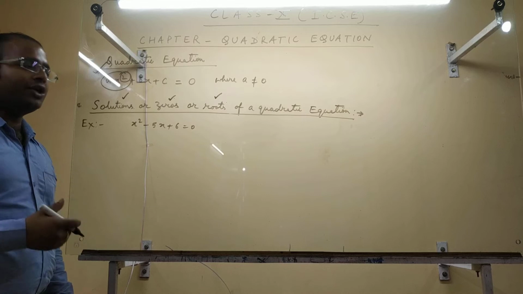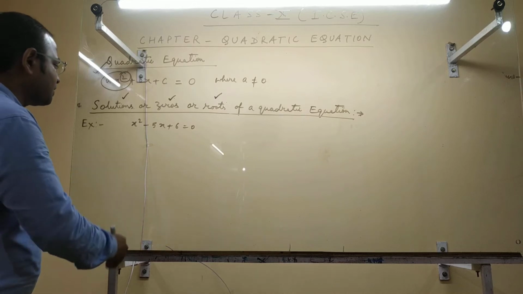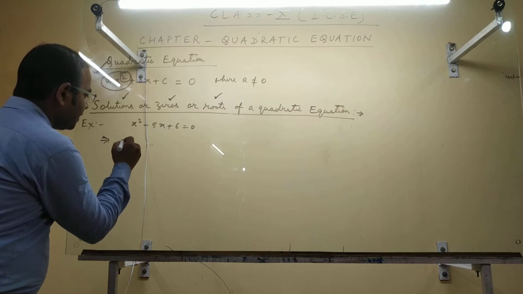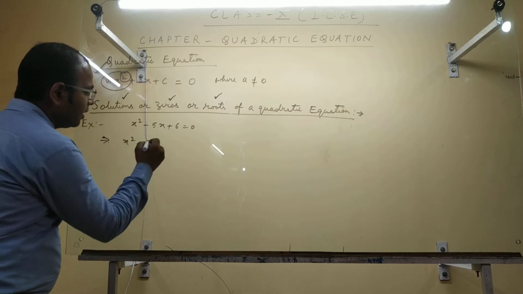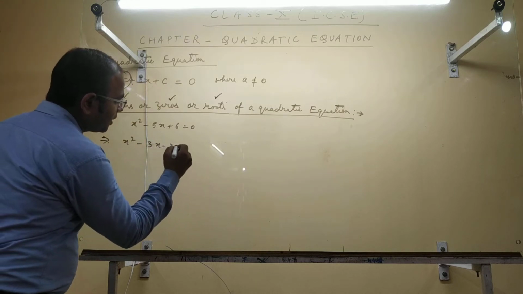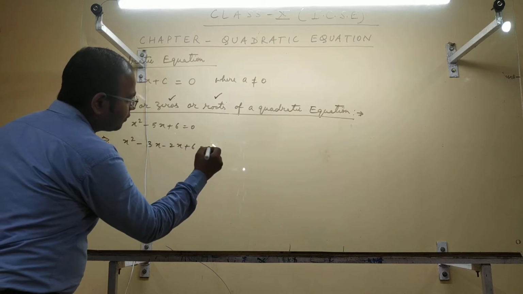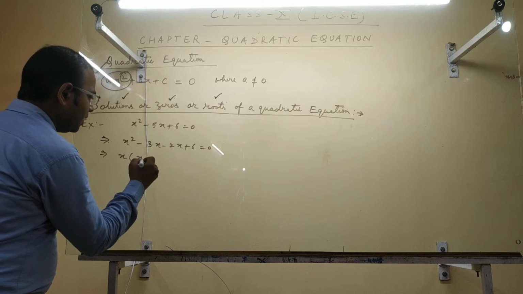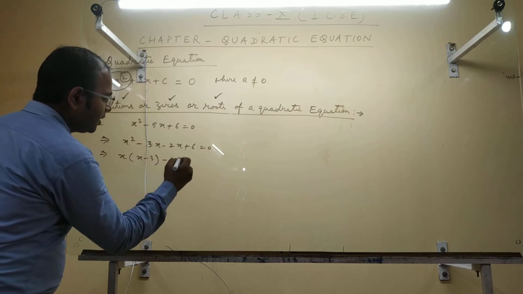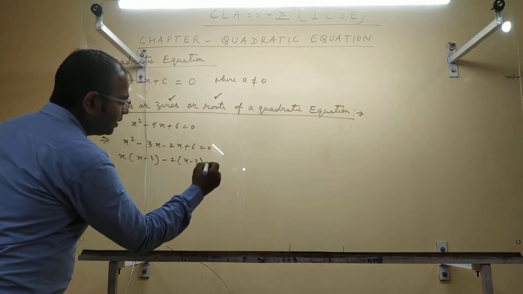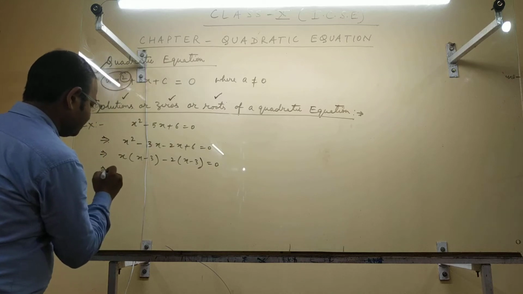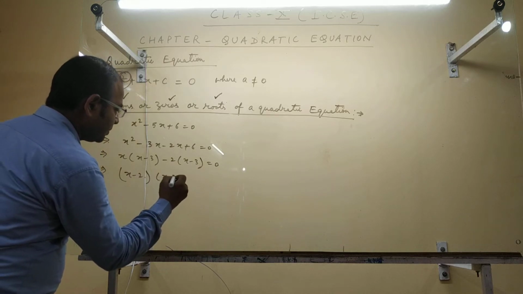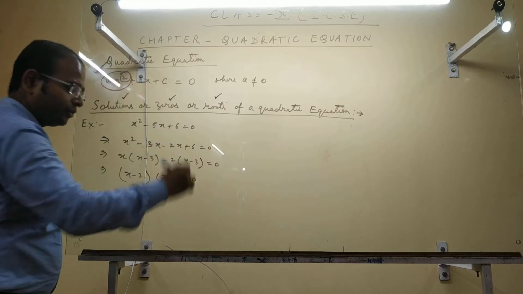If we try to find out the solution of x by the factorization method, let us split the middle term like this: x square minus 3x minus 2x plus 6 equals to 0. Let us take x as common, x minus 3, here minus 2 is common, x minus 3 which is equal to 0. x minus 2 into x minus 3 is equal to 0.